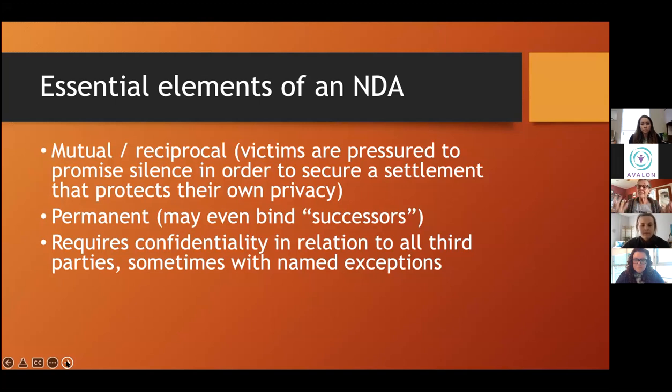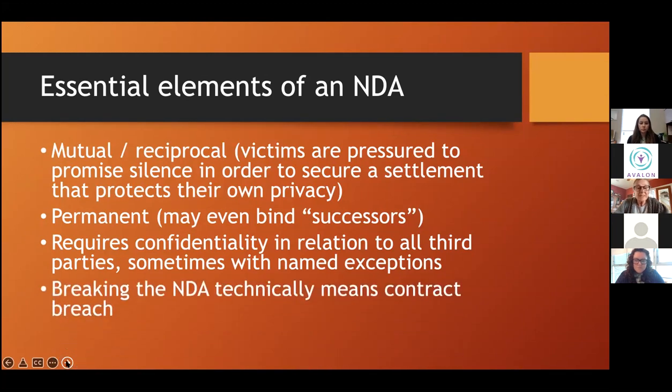And so they will interpret, even if it's not specified, as being even their closest family members, even a professional therapist. There is pretty much an assumption that people carry around with them, and that relates, of course, to the trauma, which we're going to talk more about. Breaking the NDA technically means breach of contract, technically. And that's what's being held over people's heads, of course, to comply.